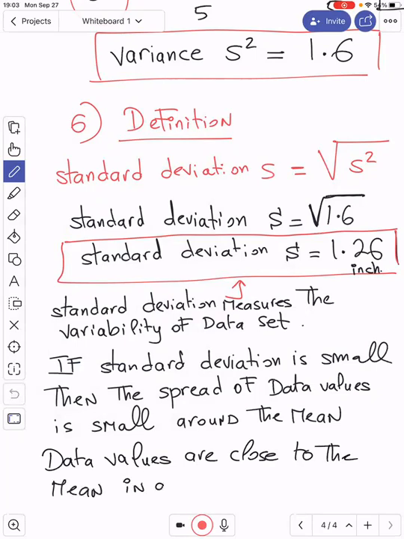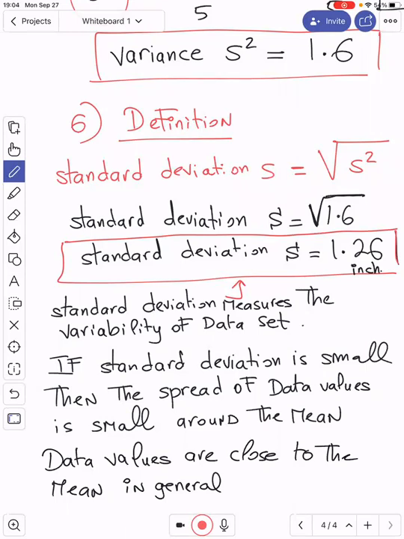Of course, you can have some exceptional values, but in general, if you take a number in your data set and your standard deviation is small, then your expectation is that the number is going to be close to the mean. In this example, my standard deviation is actually 1.26 inches, which is a small number.